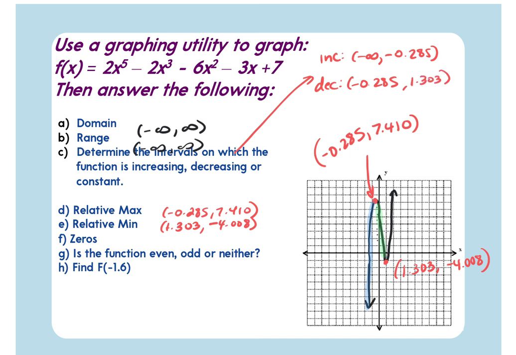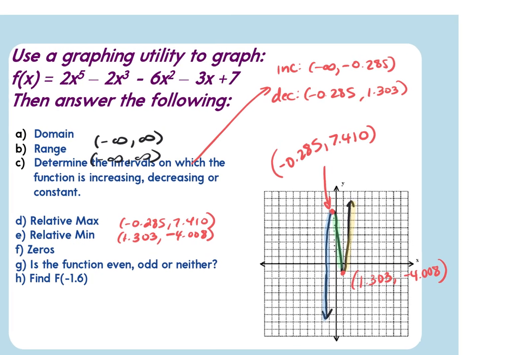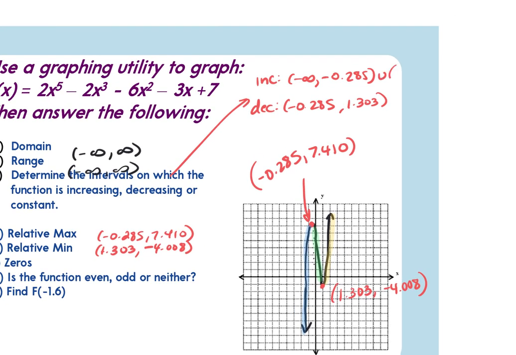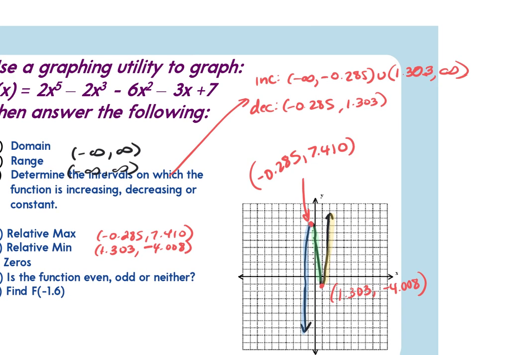And then my graph changes direction again and comes back up, which means it finishes off increasing. So I'm going to put a union from the x that's on my minimum, 1.303, to infinity. Questions so far? So get your max and min first, because that's going to help you with your increasing, decreasing. Like I said, I think I put it in that order on the test.